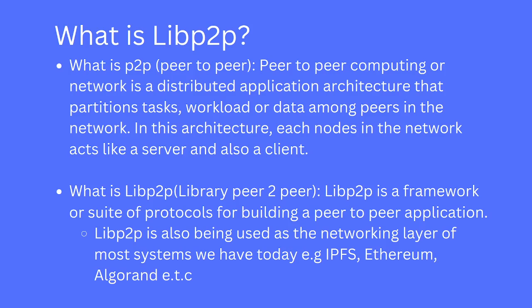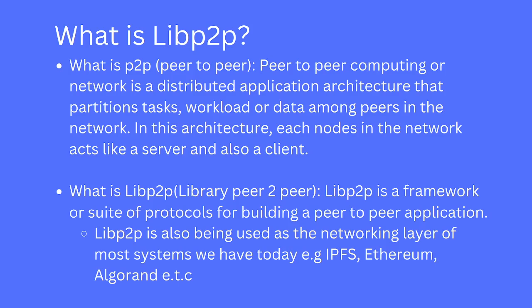In this architecture, data is partitioned amongst peers, so the peers in the network have a copy of the data so that anybody can access it within the network, right?